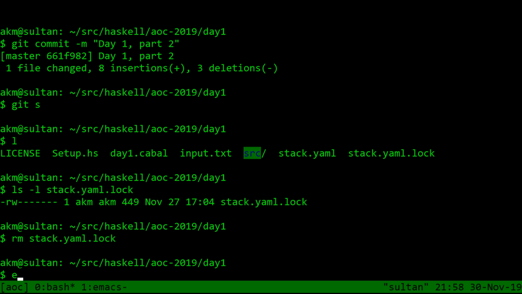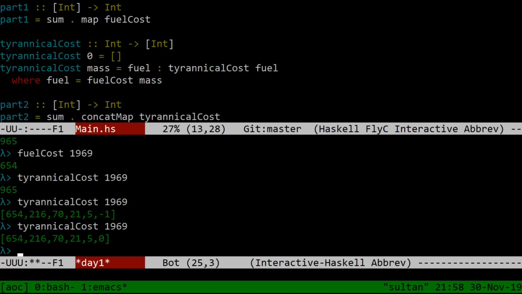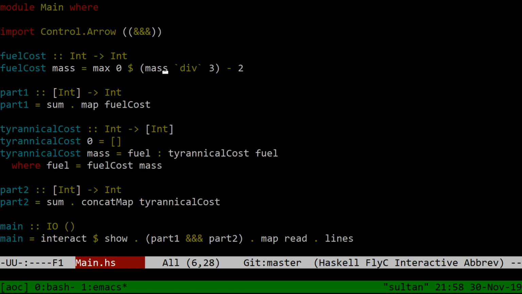I guess the other thing we could do is look at whether recursion schemes would be a good fit for any of these. I guess not, actually. I don't know. Recursion schemes is a library based on an idea, as most libraries are, I suppose: that much of the recursion you write has a lot of boilerplate.